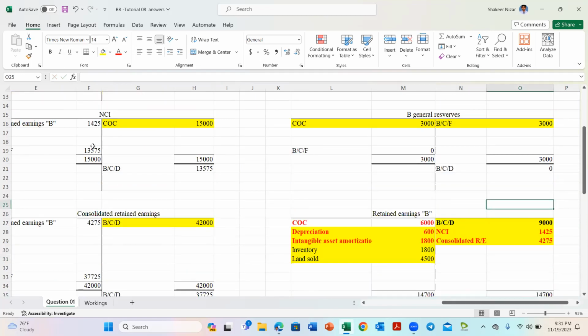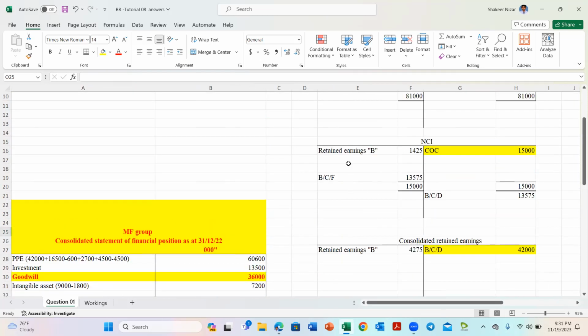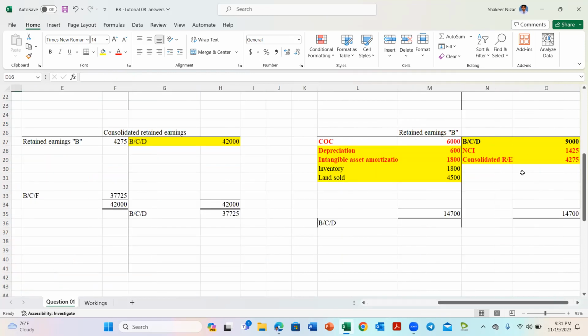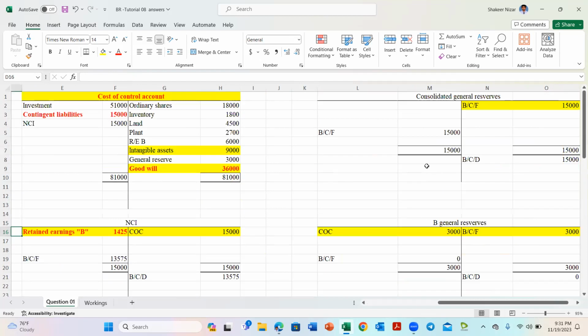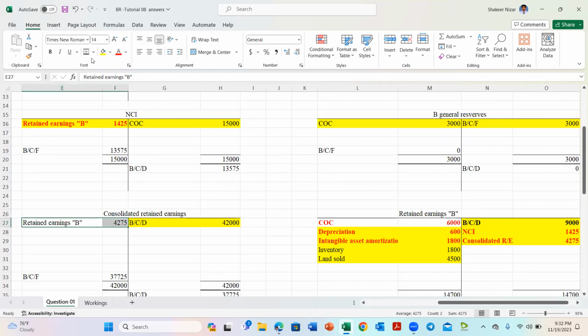NCI also is debited like this, NCI 1,425. Where is that? Yes, this is there. And next, the consolidated retained earnings should be debited because we need to show that impact, right? Which is there.